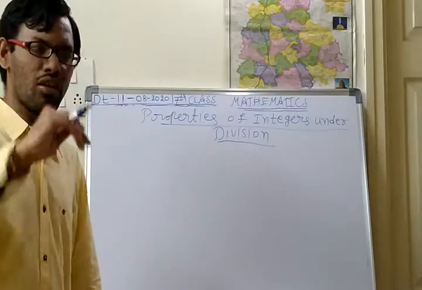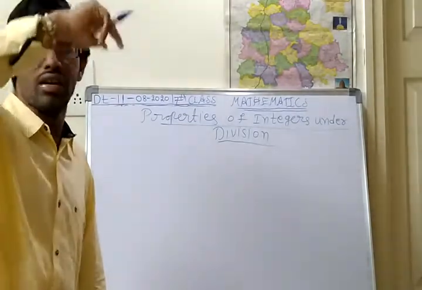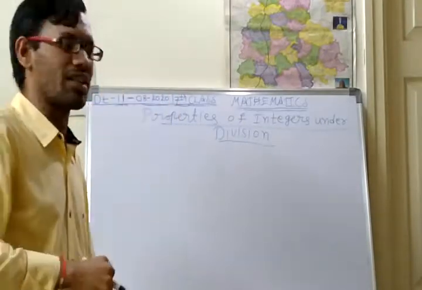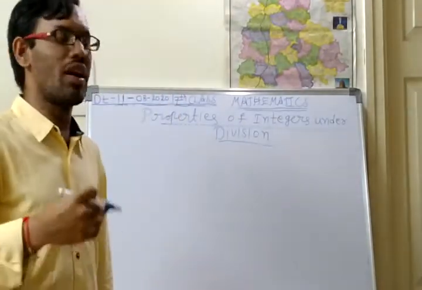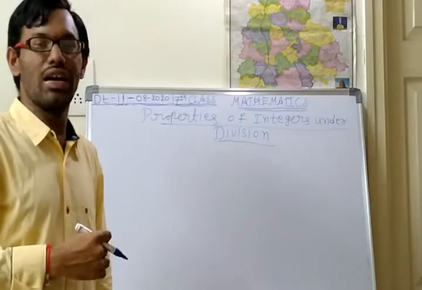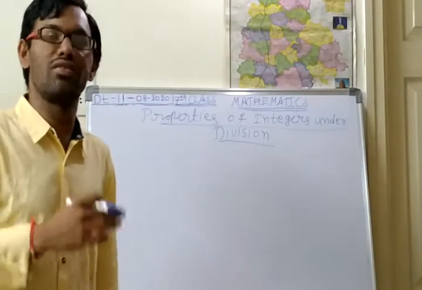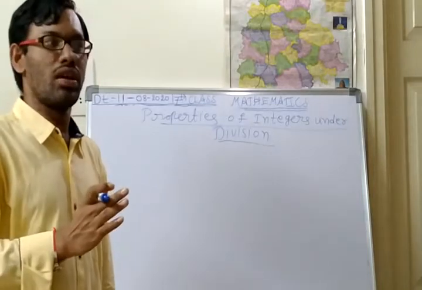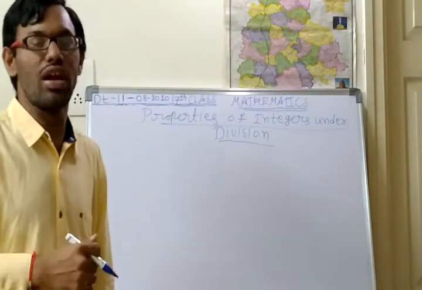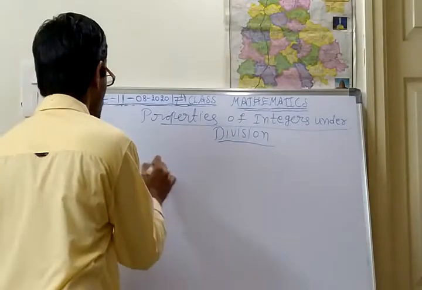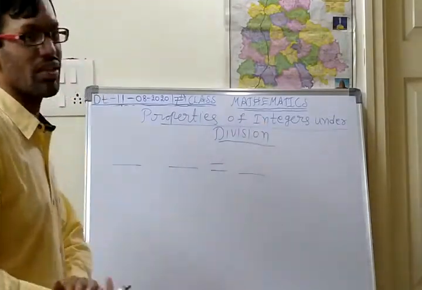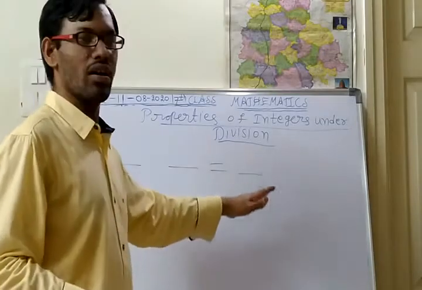In the previous classes, some three or four parts back, we have seen the division of integers. If we divide two integers, what will the result be? We checked whether the result is an integer or not.